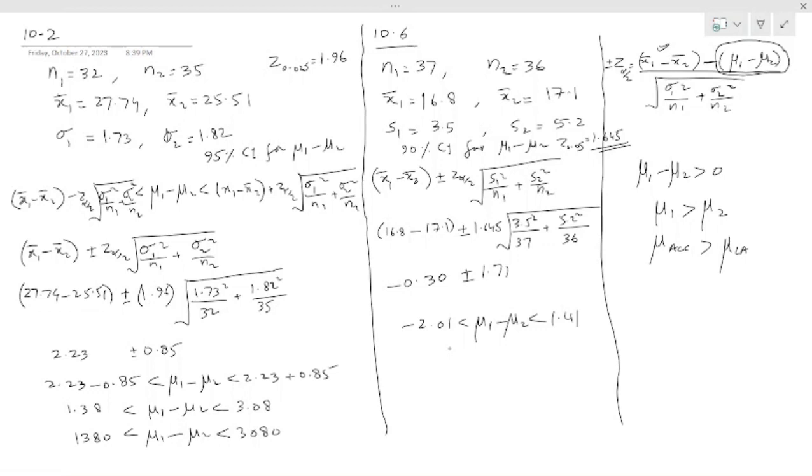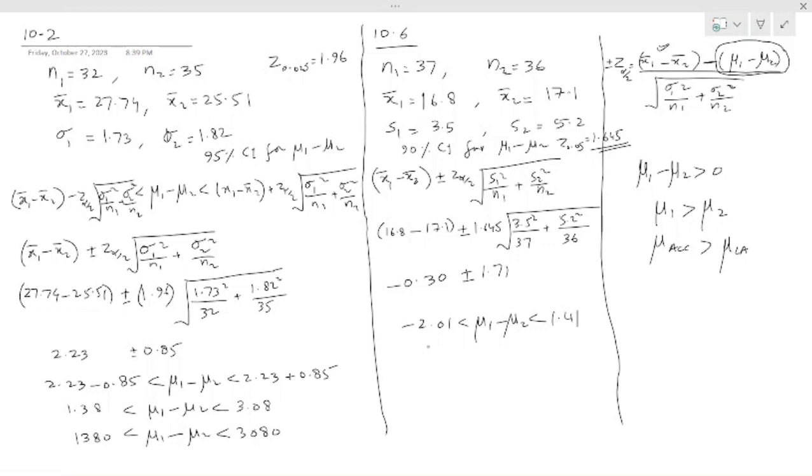So ignoring the negative sign, 1.41 is the lower extent of difference, whereas 2.01 is the higher or greater extent of difference between the two mean values, and we interpret it accordingly.